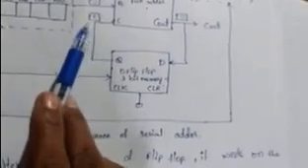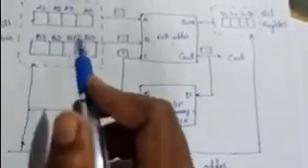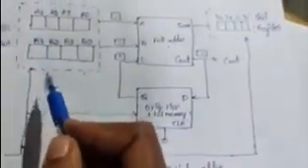Now in the block diagram we are going to use two shift registers for the addition purpose. First A0 and B0 will be added together along with carry. Then A1 and B1 are added along with carry. Then A2 and B2. Finally A3 and B3 will be added with carry.